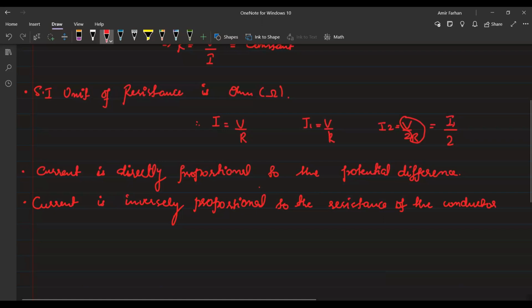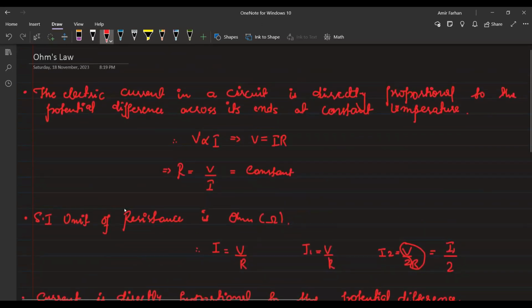So let's start the class. In the last class we started Ohm's law. Ohm's law is the law which establishes the relation between electric current and the potential difference. This law states that electric current in a circuit is directly proportional to the potential difference across its ends at constant temperature.